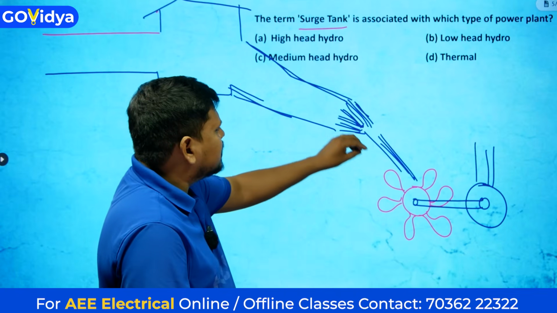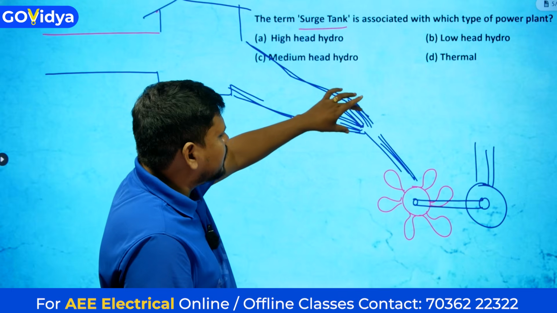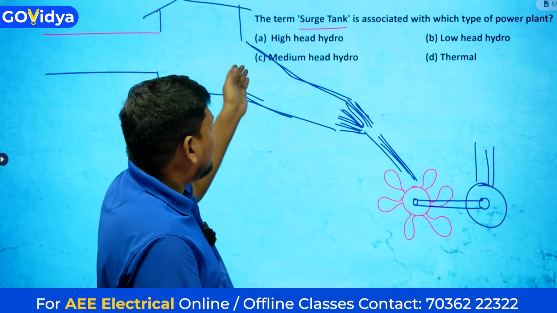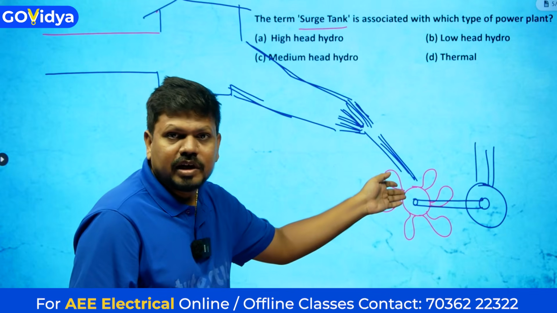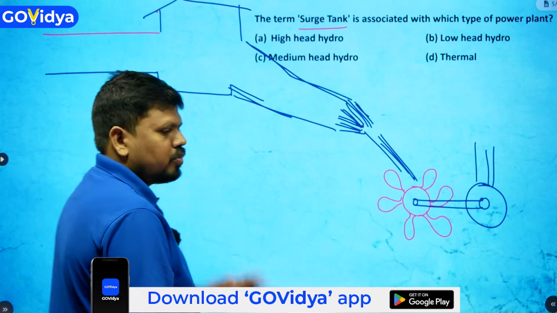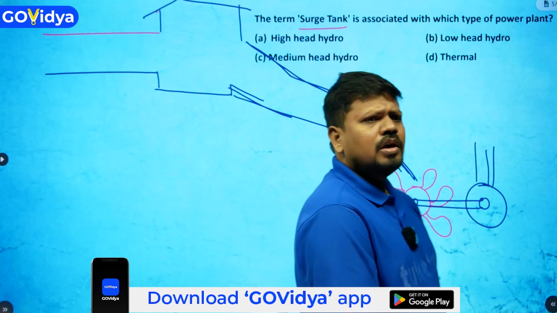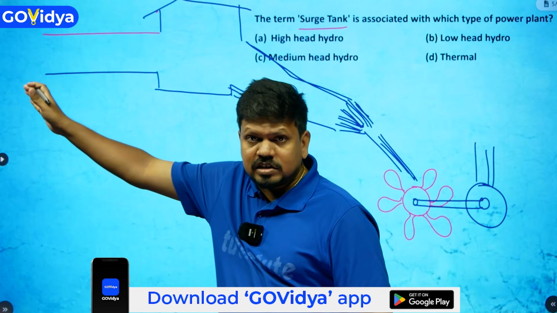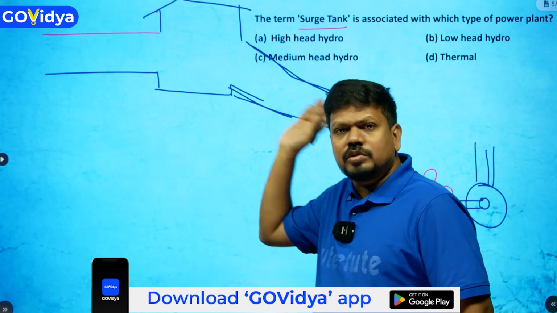Anyhow, to increase the discharge, the opening of this nozzle will be increased like this. If you open like this, more water has to come. But the dam is at 1.5 kilometers. If the dam is 1.5 kilometers from here, even if you release immediately, it will take 2-3 minutes to come here.